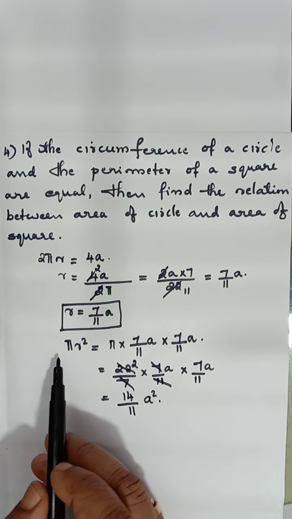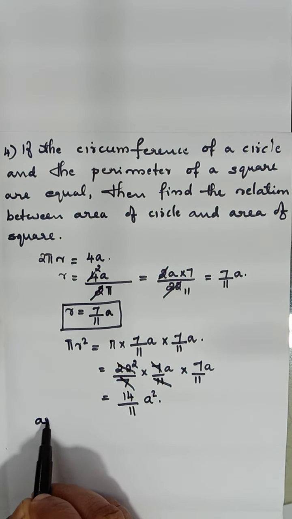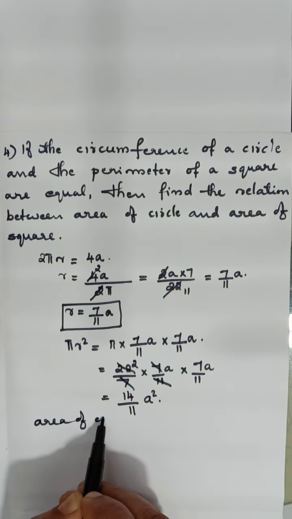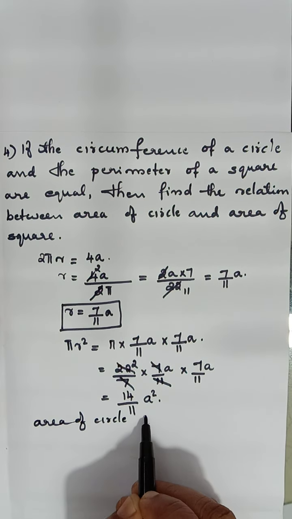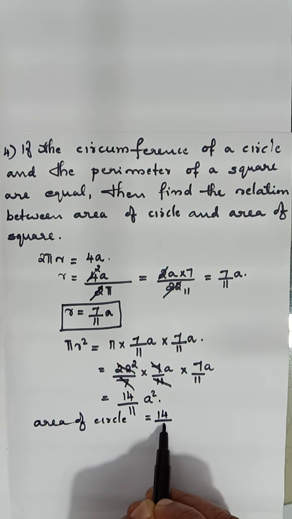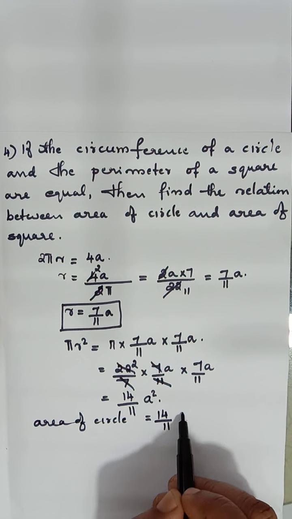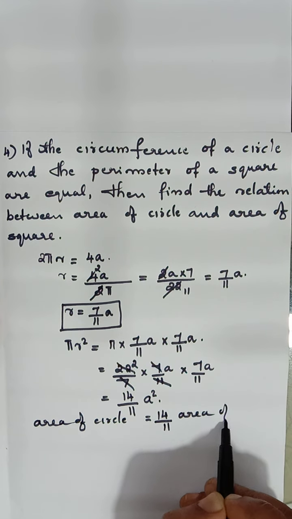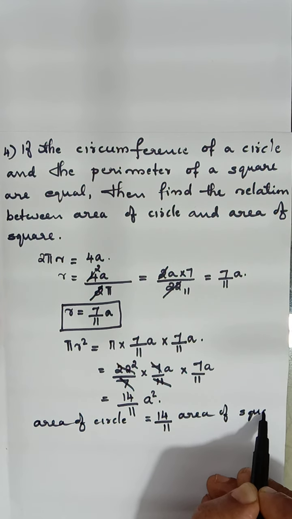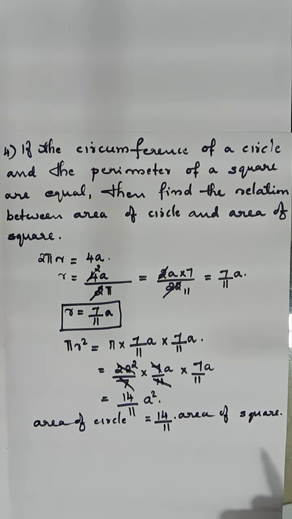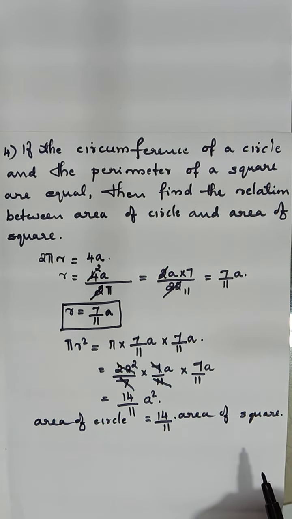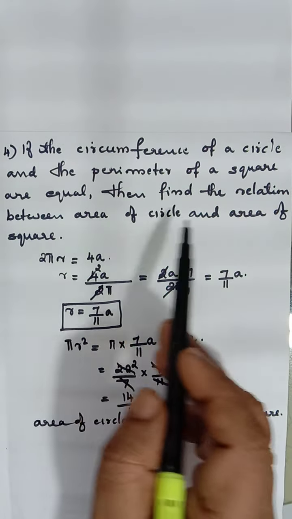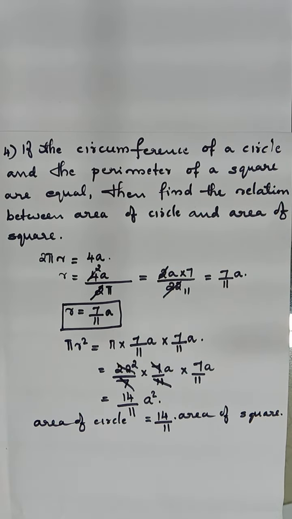That means this is the area of the circle. Area of circle is equal to 4 by 11 into area of the square. That is the relation between area of circle and area of the square.